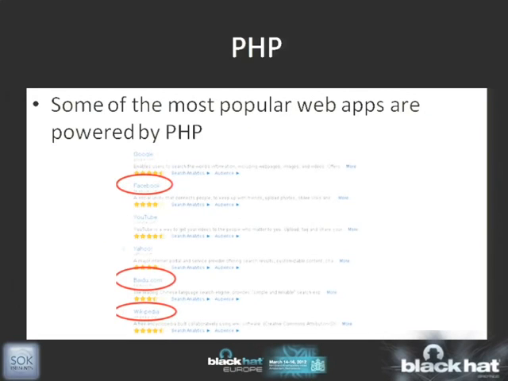But taking a look at the top 6 sites as ranked by Alexa, you can see that 3 out of the 6, Facebook, Baidu, and Wikipedia, run PHP underneath. Yahoo runs PHP as well. What? Yahoo? So, correction, 4 out of 6.